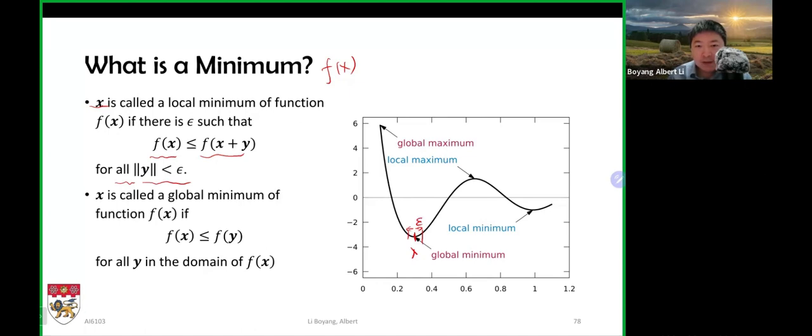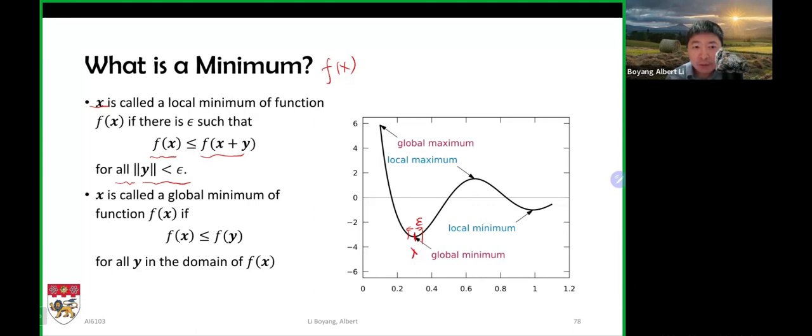And within this small radius epsilon, all the functional values are either equal to f(x) or greater than f(x). Okay, if that's the case, then we know this f(x) value is a local minimum.